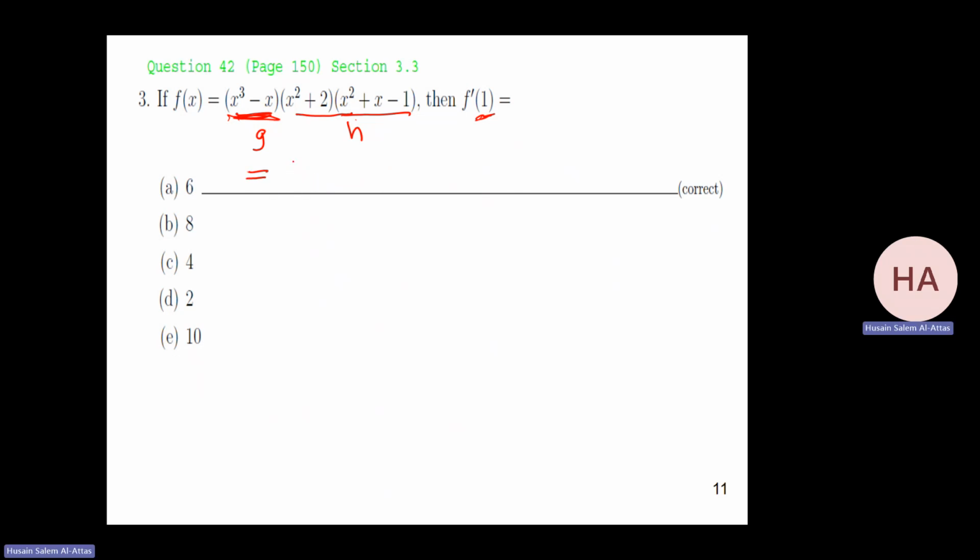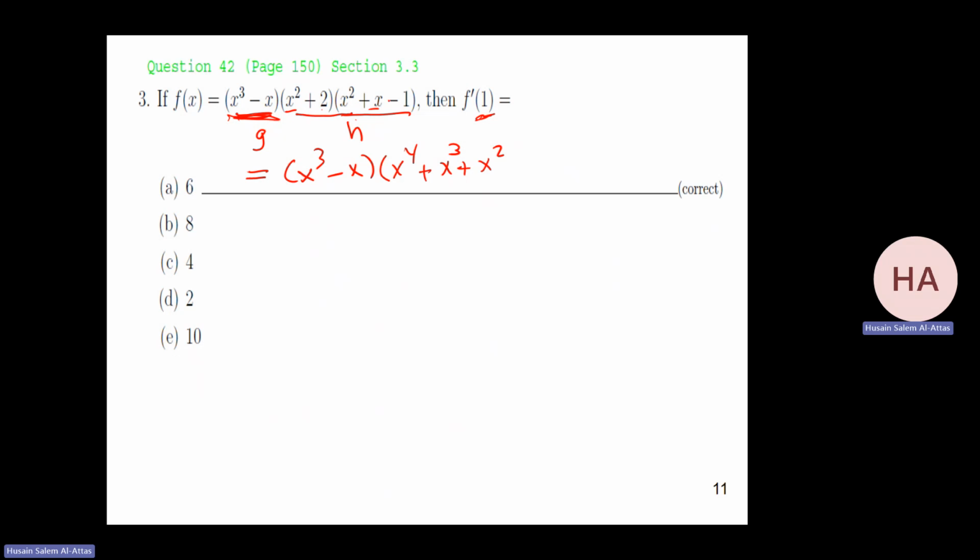So I have x cubed minus x. I will do the product here. I have x to the power 4. Now x cubed comes plus x cubed, because of this times this. Now the x squared: I have 2x squared and minus x squared, that can be plus x squared.